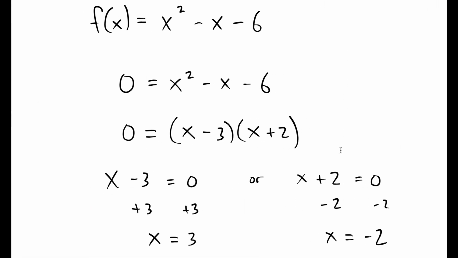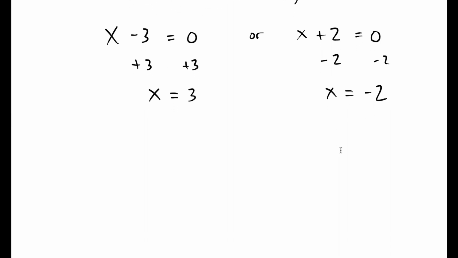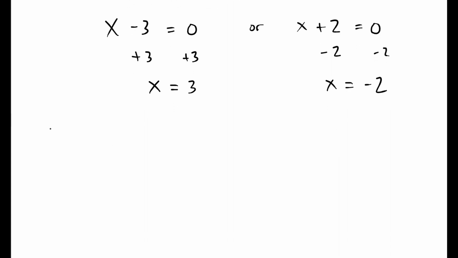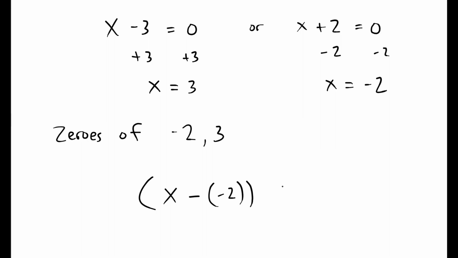We're going to do this process in reverse now. If someone said that a polynomial has zeros of -2 and 3, then we could construct the polynomial by writing x minus -2 times x minus 3.